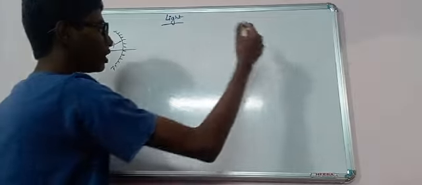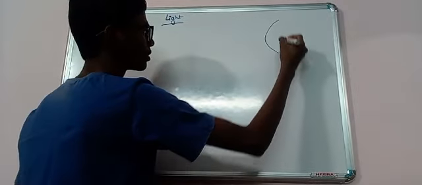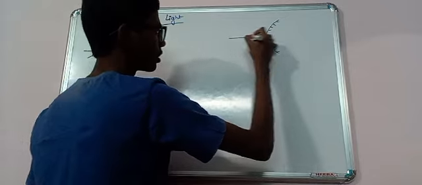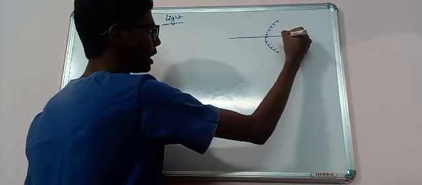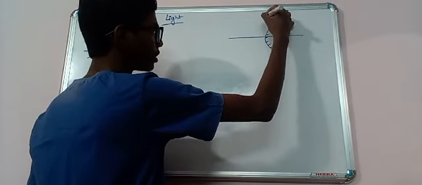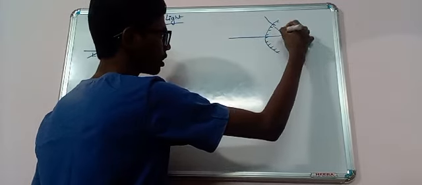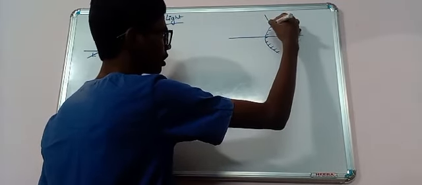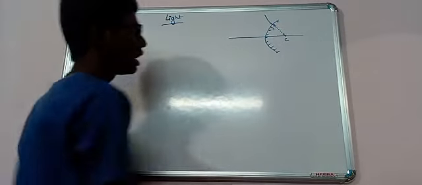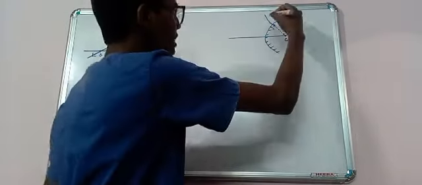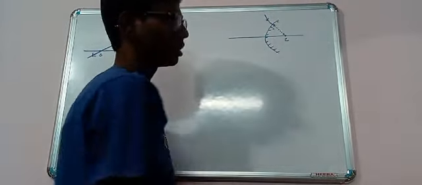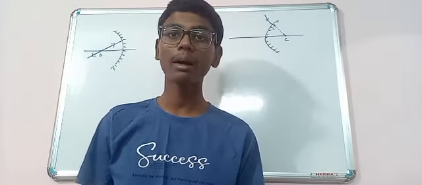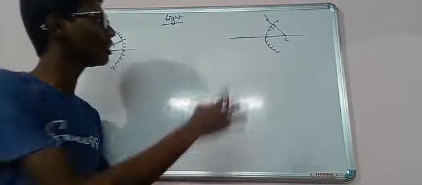Now what in case of convex? In case of convex, what will happen? This is your C. Light rays will appear as if they are meeting the center of curvature according to the observer.